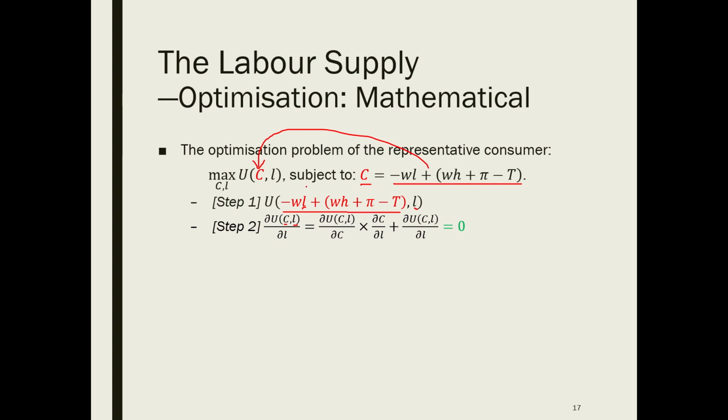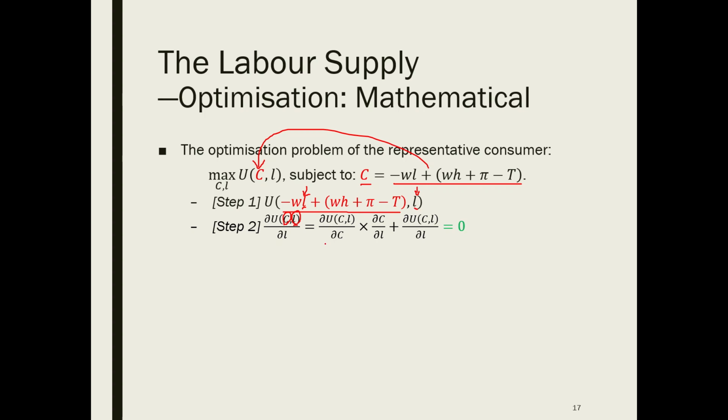The first is through the effect on the first component C, and the second is through the effect on the second component L. Therefore, the differentiation involves the multivariate chain rule. The details of this are taught in your A-level and first year. If you forget, please go to the maths revision slides for more details. This technique is very important for understanding the lecture and the tutorial.